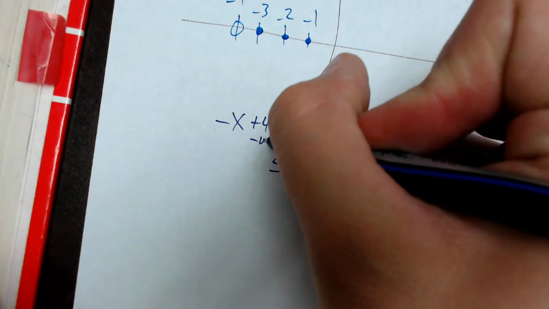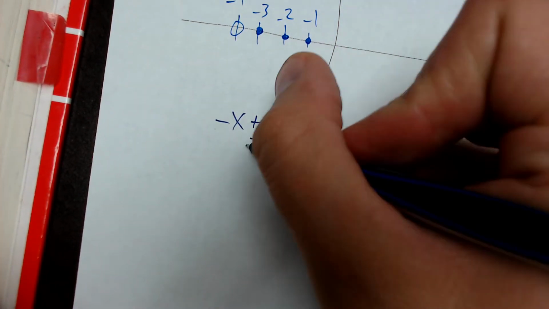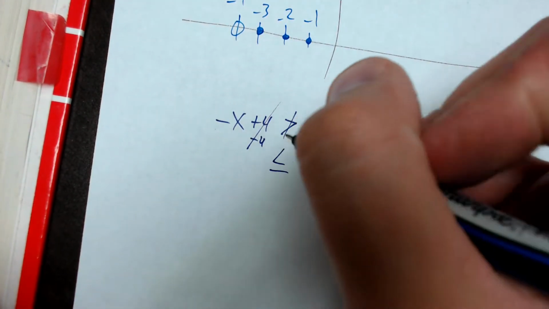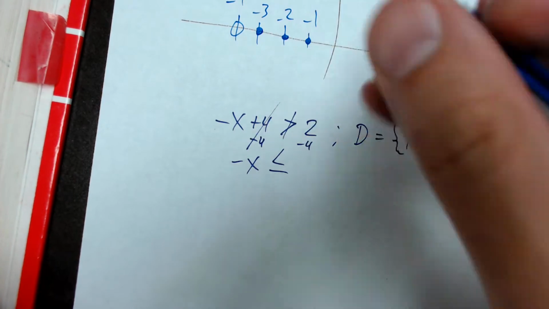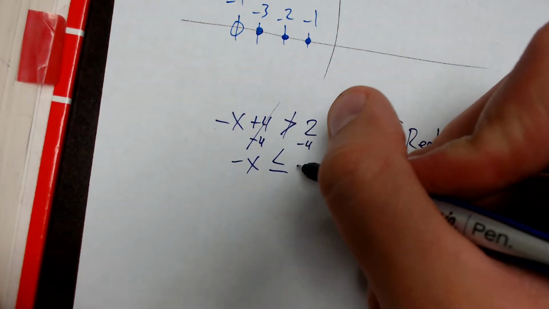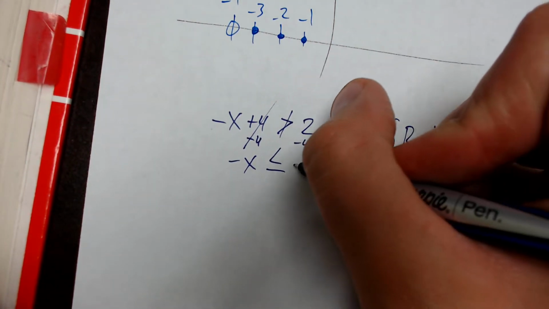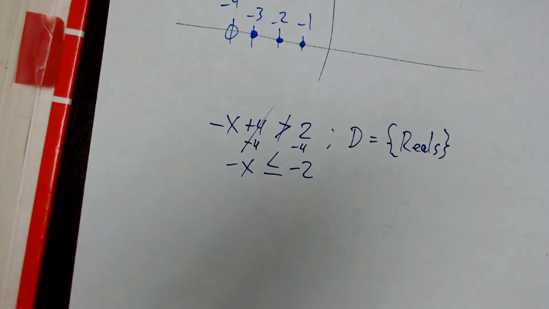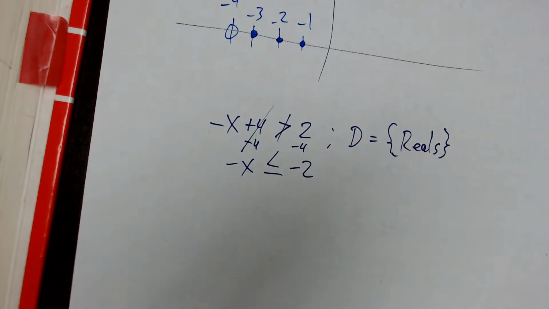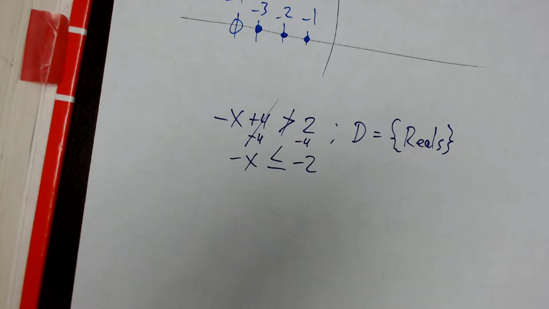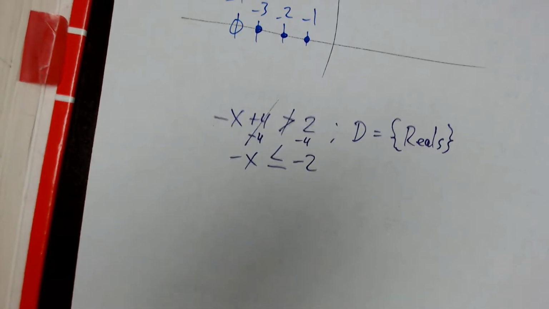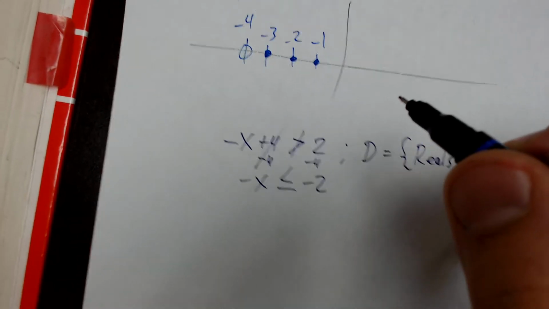I also have to solve by subtracting 4 from each side. So now I've got -x is less than or equal to -2. And then the last thing I have to do is get rid of that negative, right? Because I can't graph a negative number.